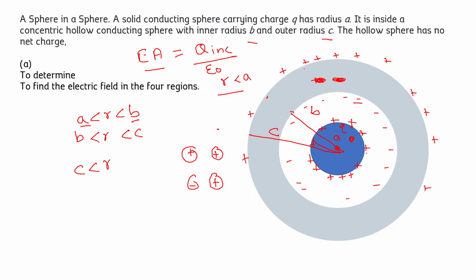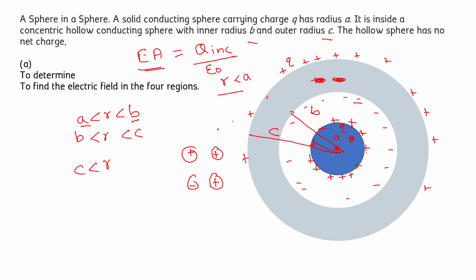So we can say that the charge enclosed is Q, so there would be some electric flux present outside C. So the electric field depends on the electric flux. Where the electric flux is 0, the electric field will be 0.